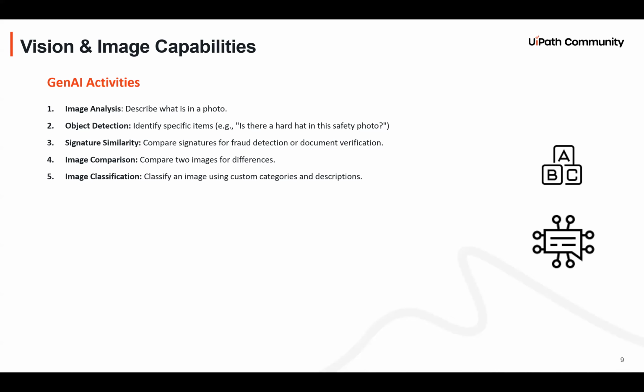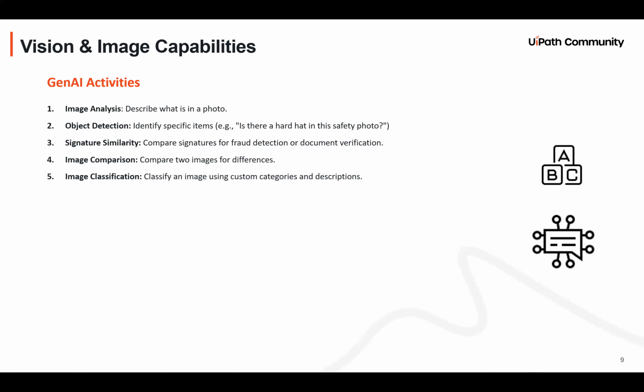But with the rise of LLMs and other Gen AI models, those are now totally deprecated. So we are not using those AI models available in AI Center. Now we can achieve those capabilities through these Gen AI activities.